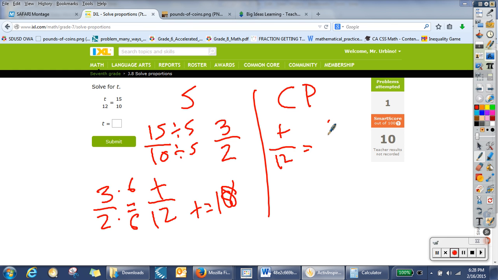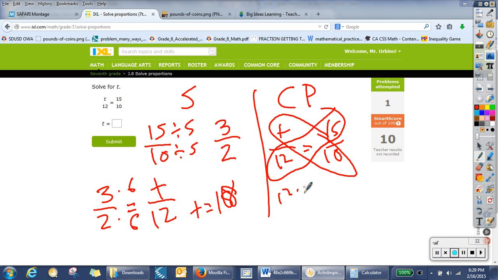let's just rewrite it. 15 tenths. And remember, we're just going to go across each other. So I have 12 times 15 is equal to 10j.